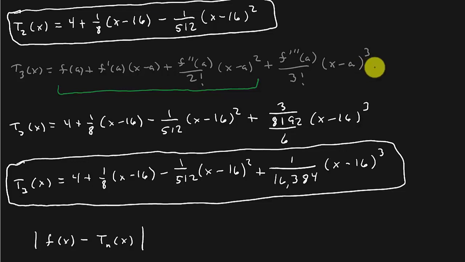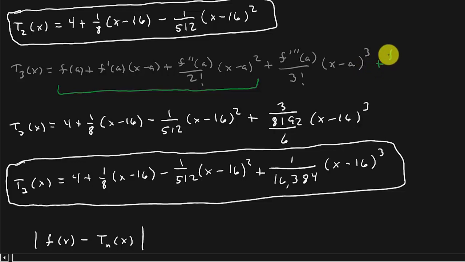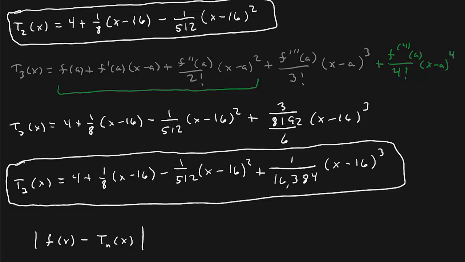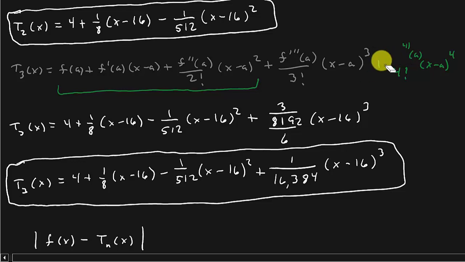Well, I would just add the fourth derivative of a over 4 factorial times x minus a to the fourth. I would just keep going. So that's how you do Taylor polynomials. They're really easy to do. It's just, you know, follow that formula.